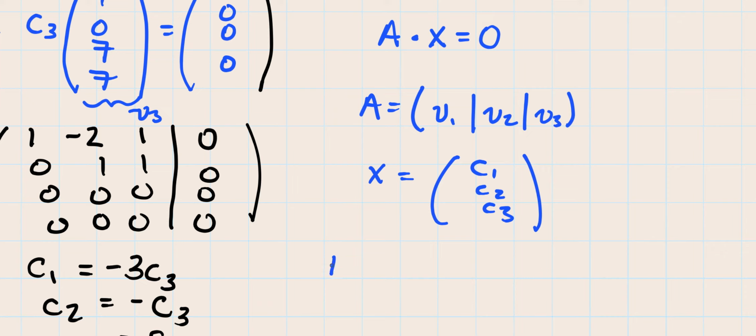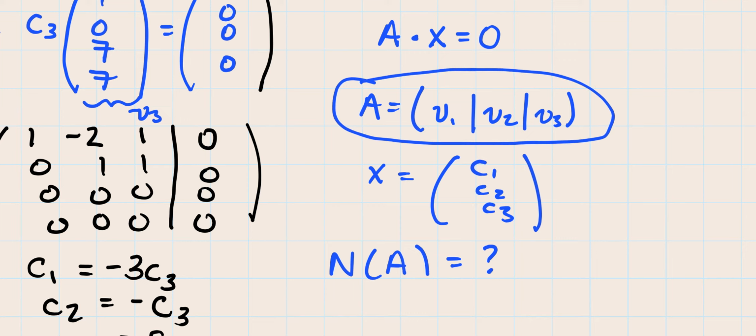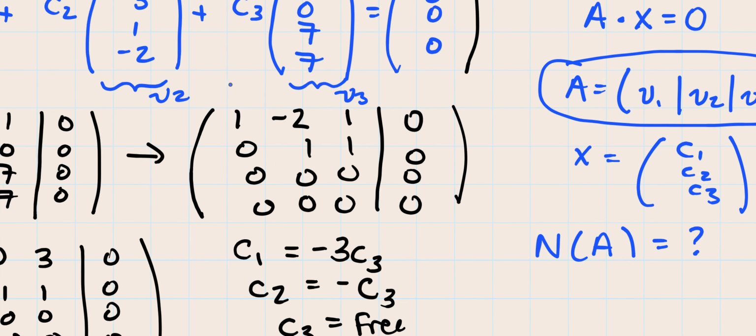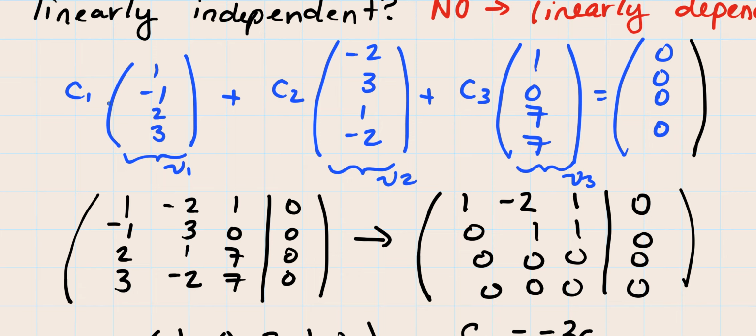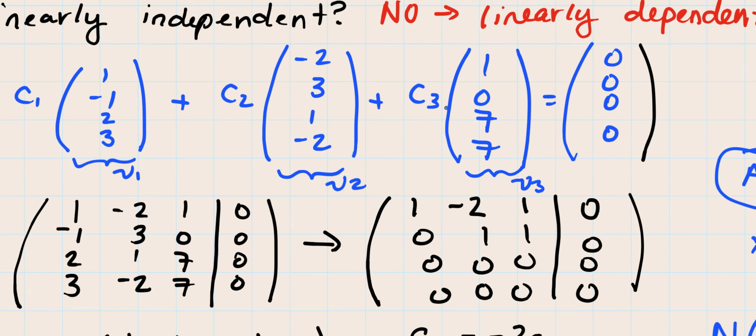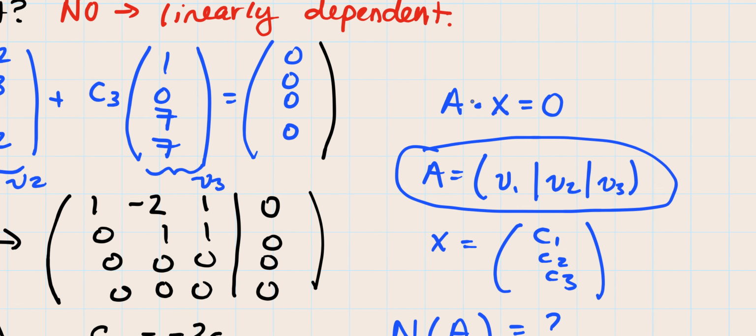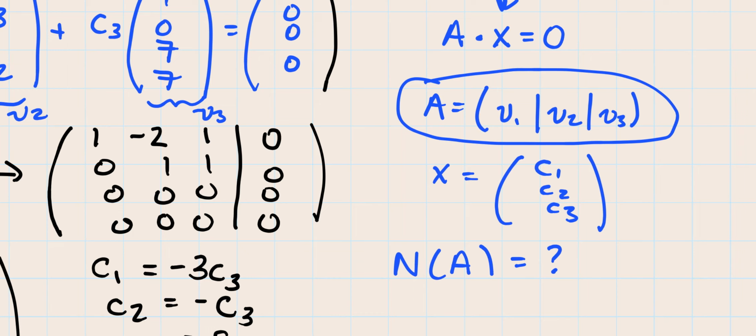So in other words, we're trying to find the null space of this matrix here. So what does it mean when the vectors are linearly independent? Well, if they're linearly independent, the only solution is the 0 vector. And if that's the only solution, that would be the only x vector here, which would tell us that the null space is equal to 0, just the 0 vector, when the vectors are linearly independent.